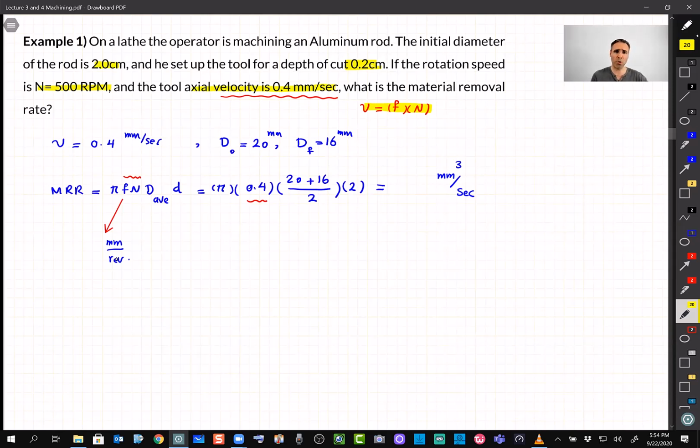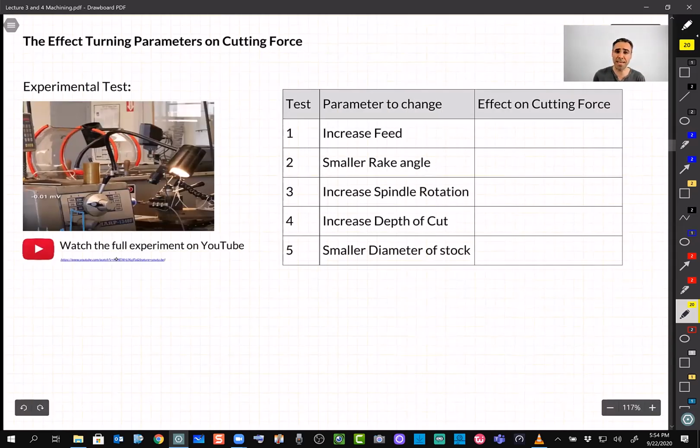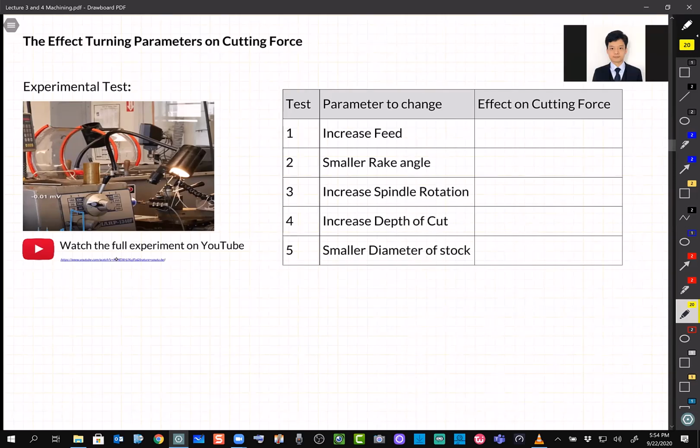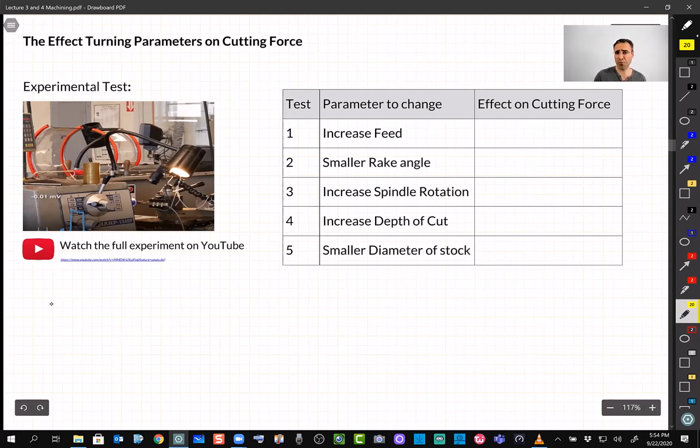And also all these notes I will post, and the blank slides as well, which give you an idea of what our next topic will be, where we discuss how the cutting force and the power requirement change if we change any of these parameters, which I'll put in a video for you as a pre-lecture activity.